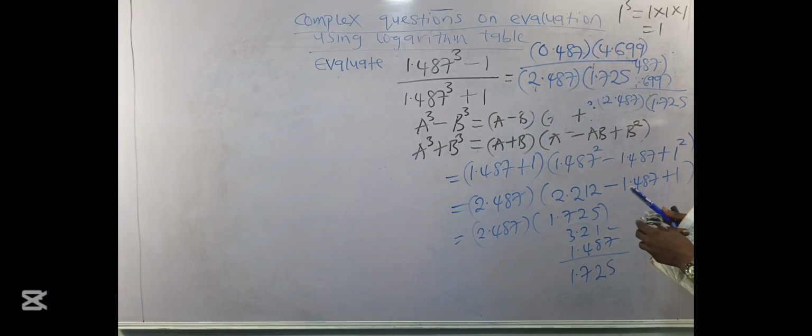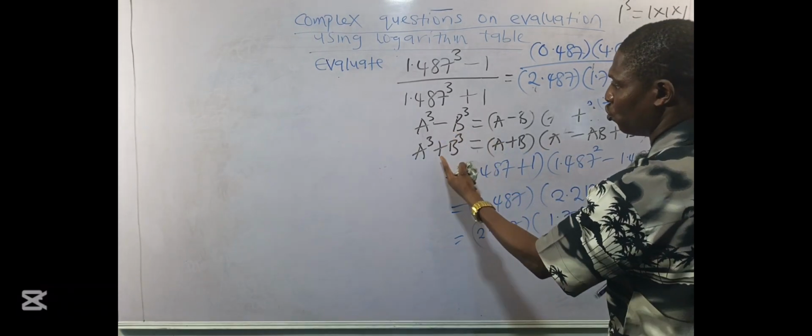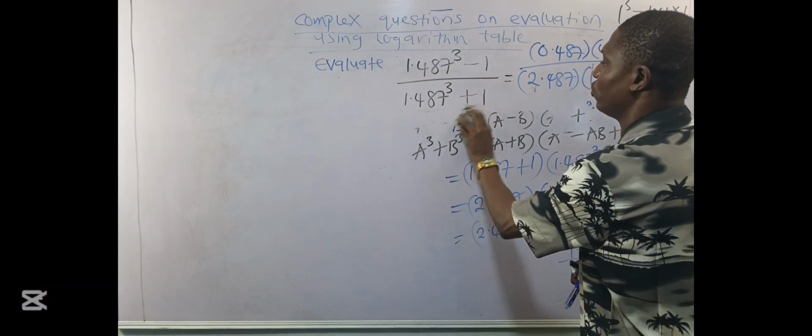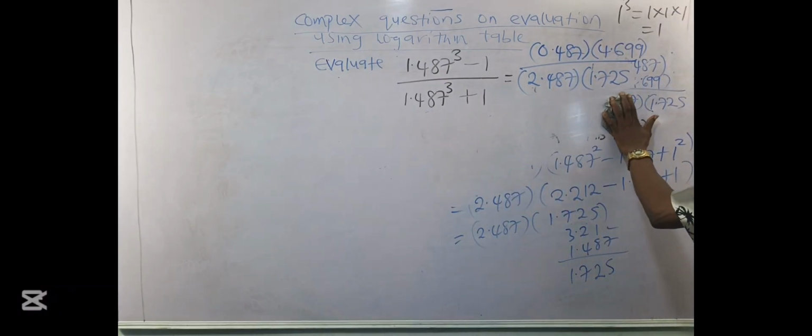Now I can clean everything. Remember the difference of 2 cube and the sum of what? 2 cube. You need to know it, because without it you can't do anything in this word question.